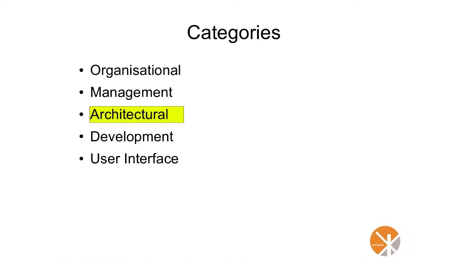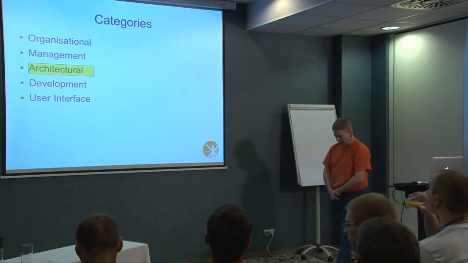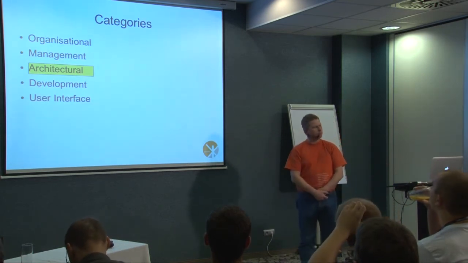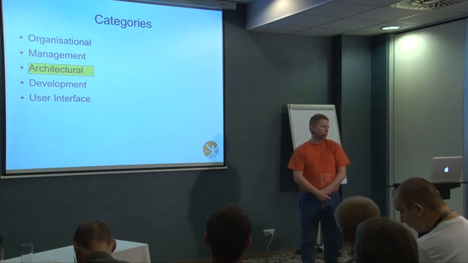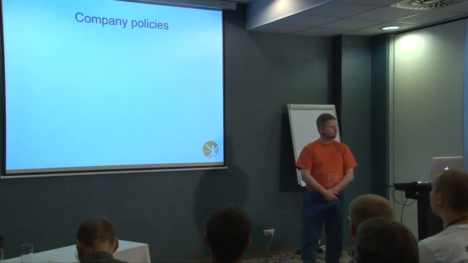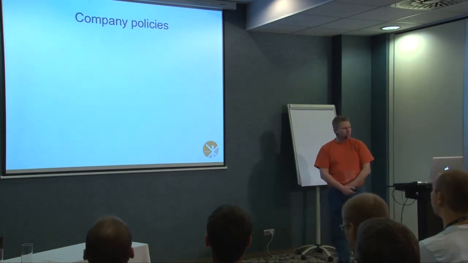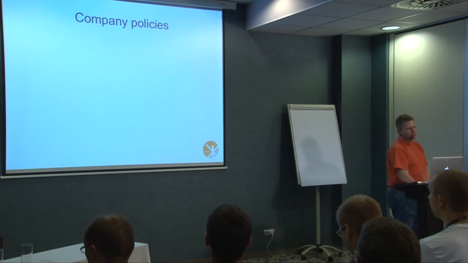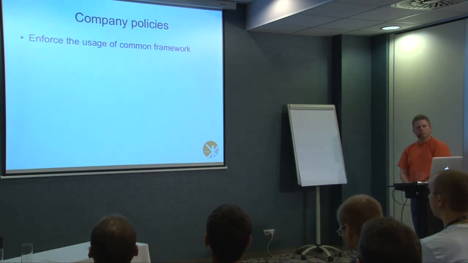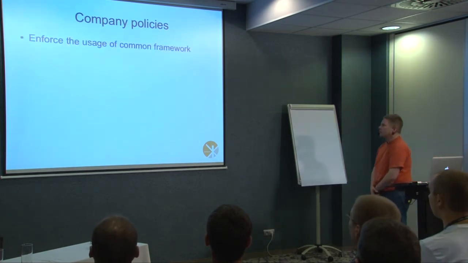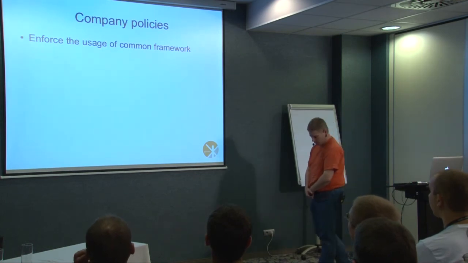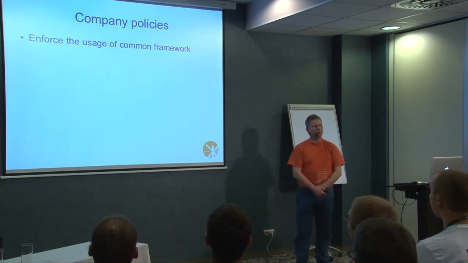That was management. Architects, architectural things. Yeah, it's possible to break a project just by using, well, a good architecture. Policies. One of them could be, of course, to enforce some common framework. 1, 2 should solve all problems.